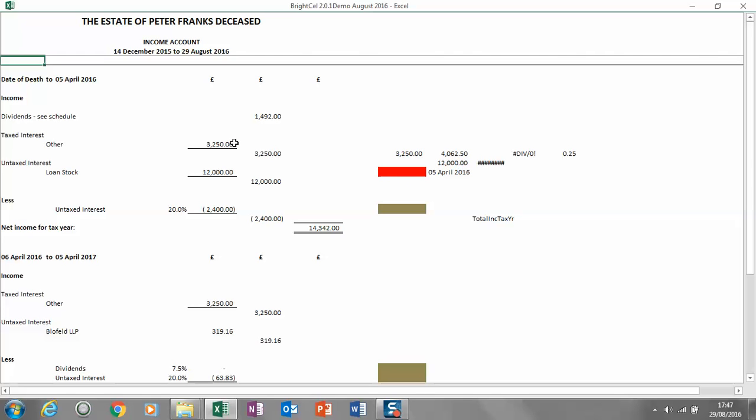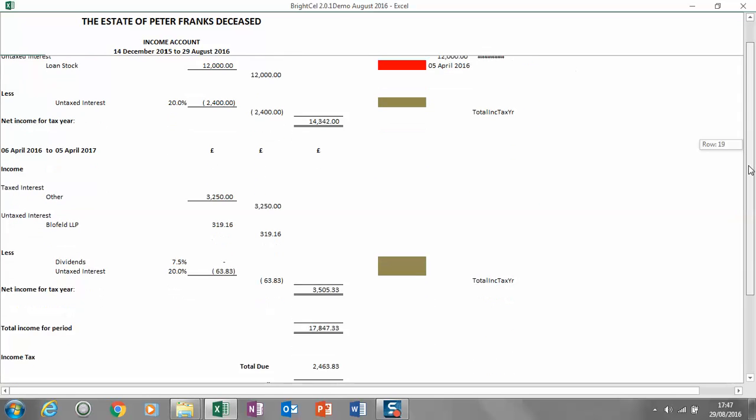Dividends, taxed interest, that's from the bank, loan stock, and untaxed interest, that's gross interest. Oh, no, that is the tax on the untaxed interest, £2,400. So that leaves us a net income of 14,342 for that year.